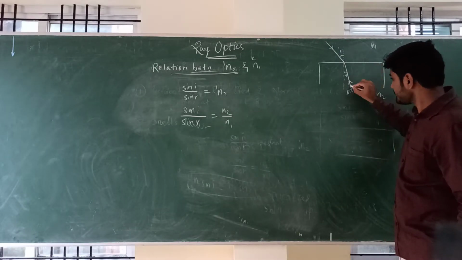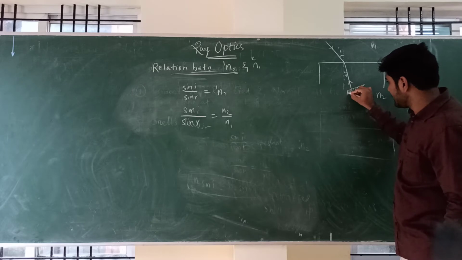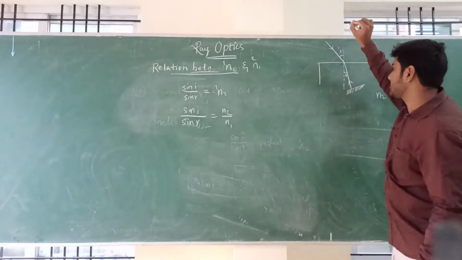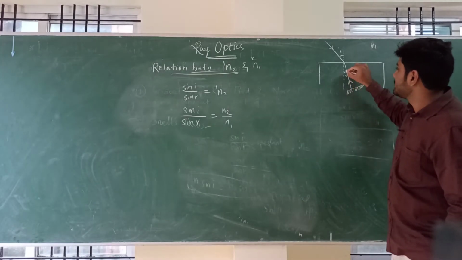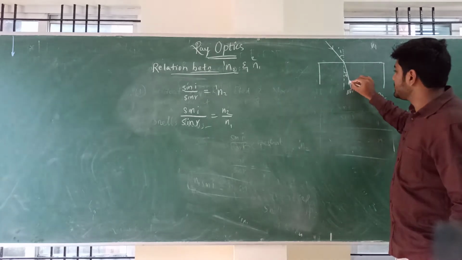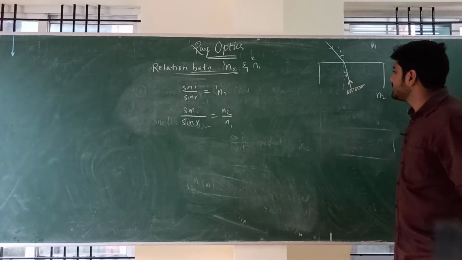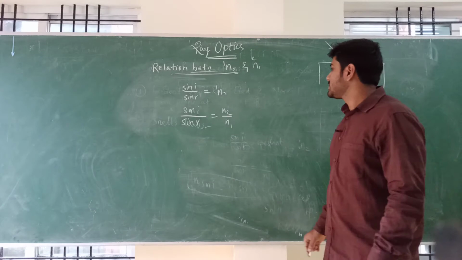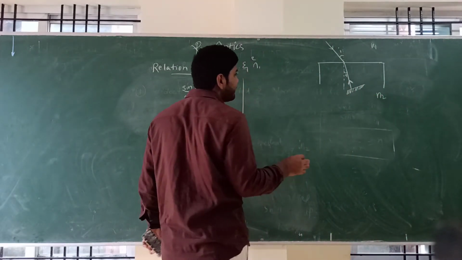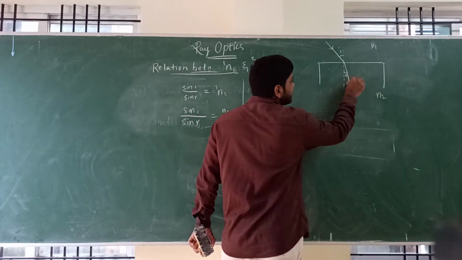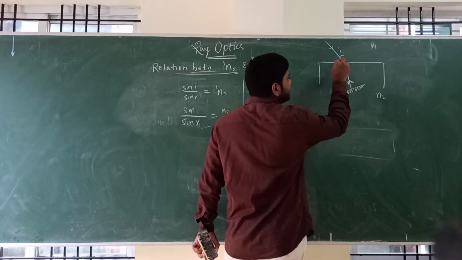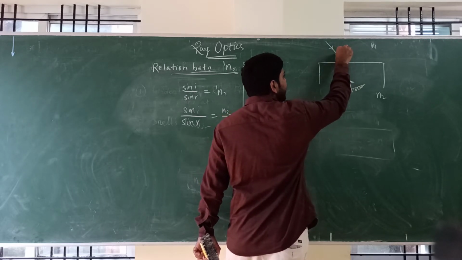Now I am putting one mirror here. So this mirror will again send back this ray, and this will become the incident ray now. So again in the second case, what will happen? This is the incident ray, and this is the angle of incidence, and this is the angle of refraction.